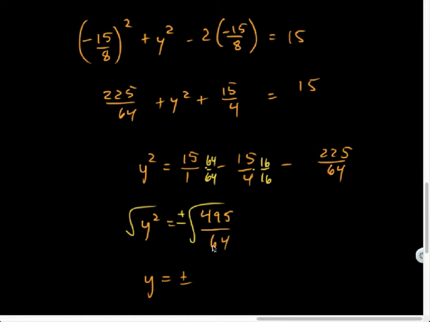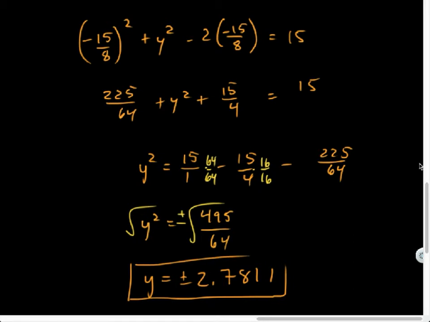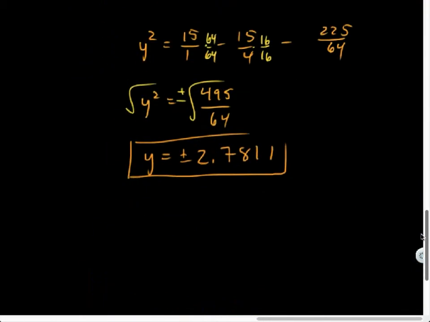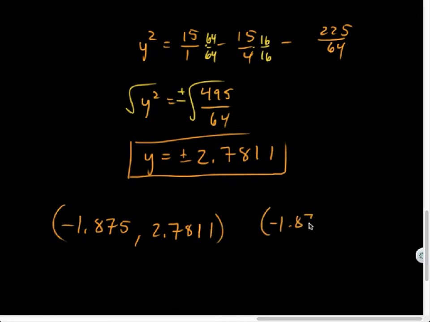Let me just tell you the whole thing: 495 over 64 and square root it, I get 2.7811, we'll call it. Which means my solutions were, what was the decimal? Negative 1.875, comma 2.7811, and negative 1.875, comma negative 2.7811.